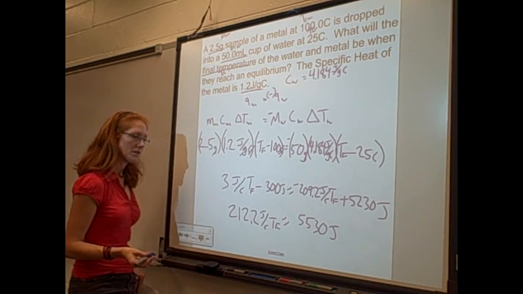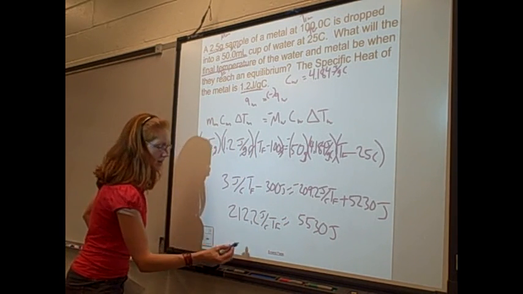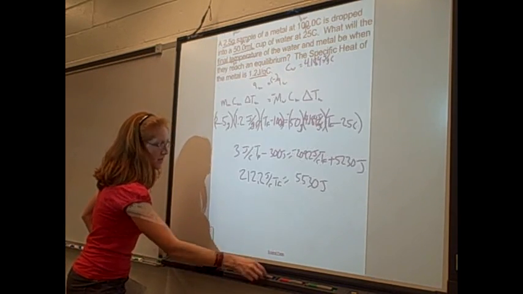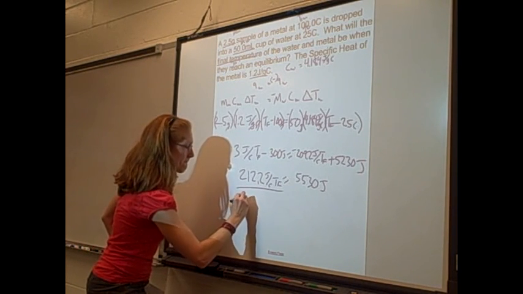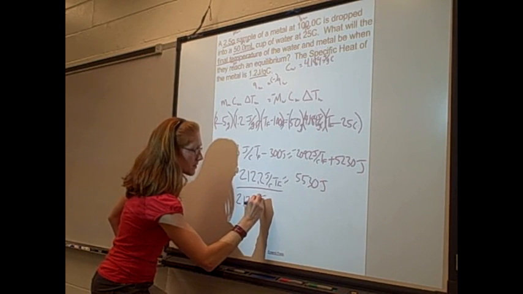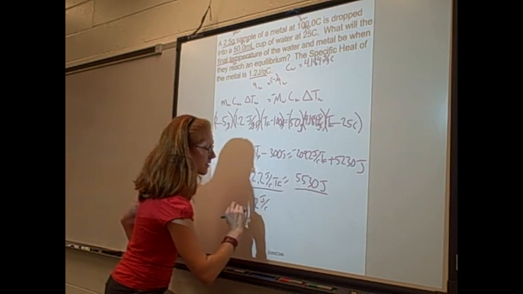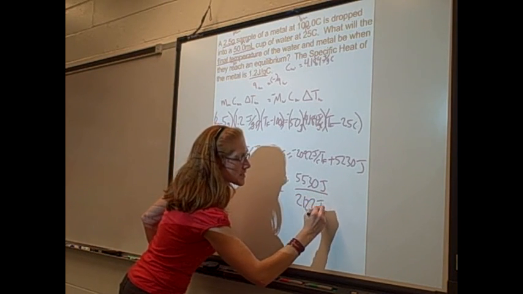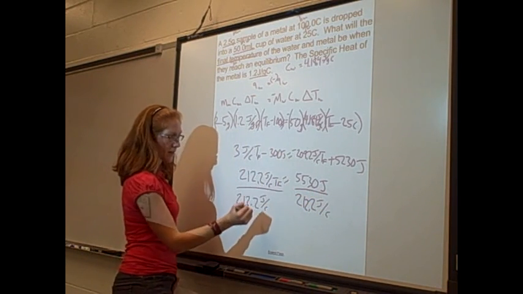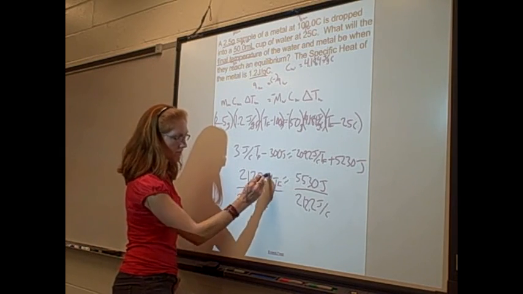Trying to get the TF alone, so I'm going to divide both sides by 212.2 joules per Celsius. And I can see the joules are going to cancel out. That's good.